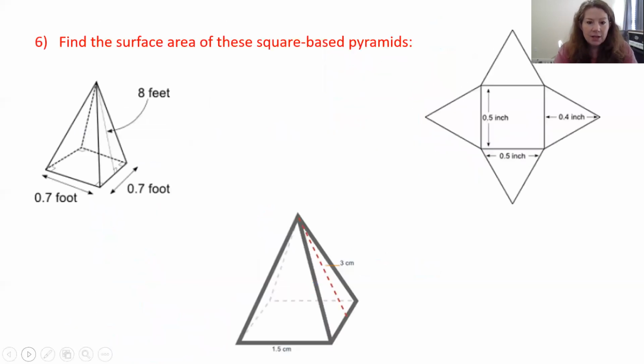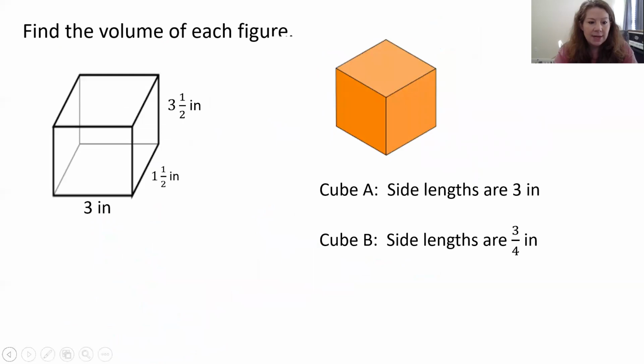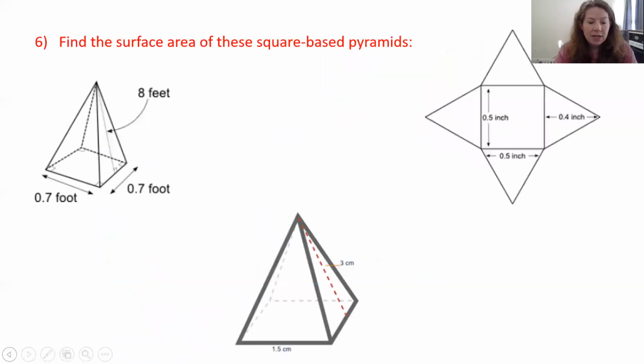All right, now these are all pyramids, right? The thing about pyramids is that the base of a pyramid, it tells you right here what the base is. Square based.